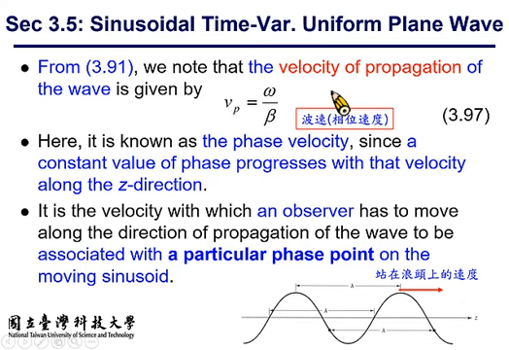As I stated at the end of yesterday's lecture, Vp is in fact the so-called phase velocity. And the phase velocity can be different for the same wave, depending on which direction you are looking at.